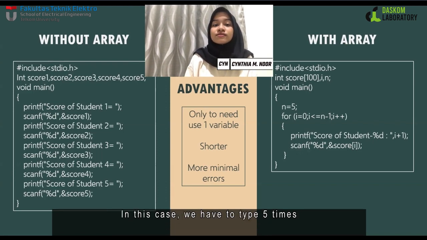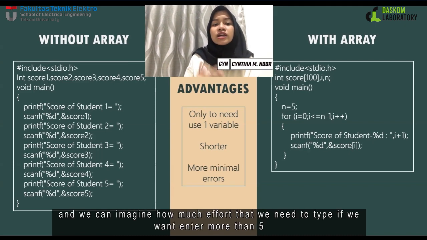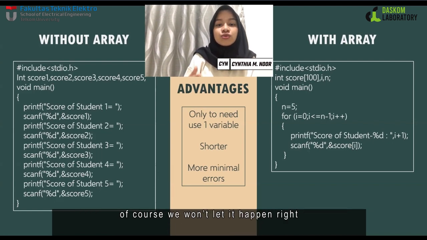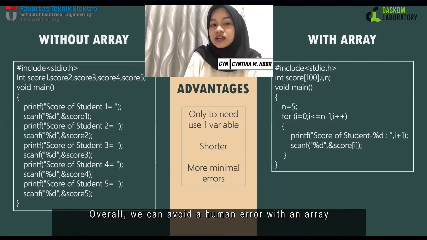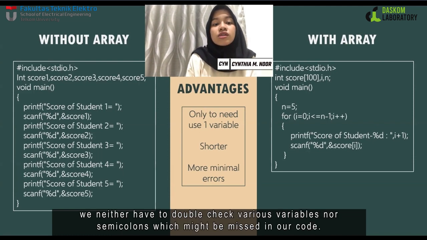In this case, we have to type 5 times, and we can imagine how much effort we need if we want to enter more than 5 students. Of course, we don't want to let that happen, right? Overall, we can avoid human error with an array. We neither have to double-check various variables nor semicolons which might be missed in our code.